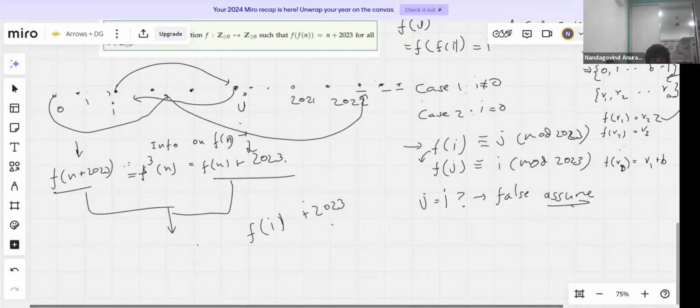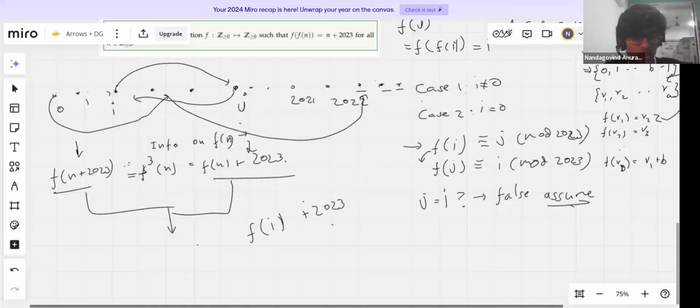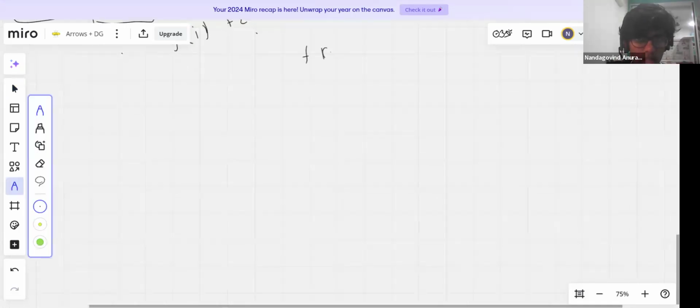If we take f of a congruent to f of b, let's say it is equal to c, then you have f of c would be congruent to both a and b simultaneously mod 2023, so it's injective modulo 2023. This is what you have, right?